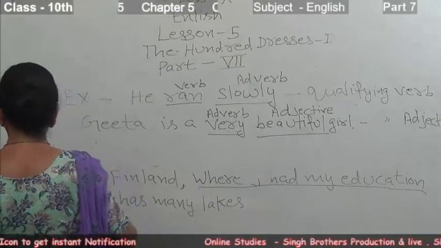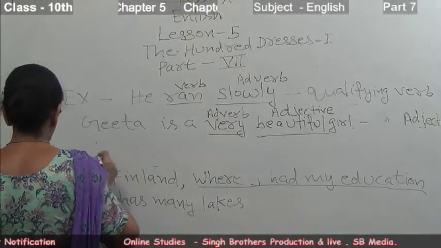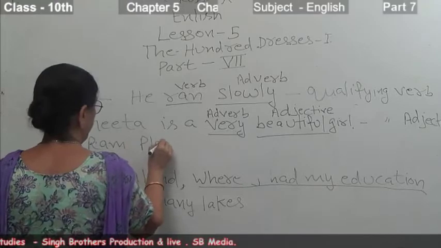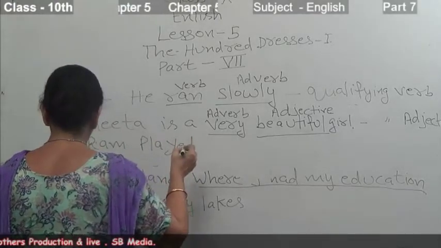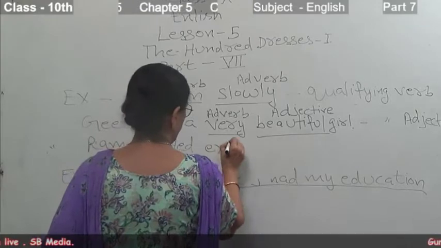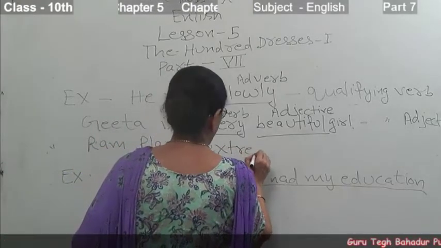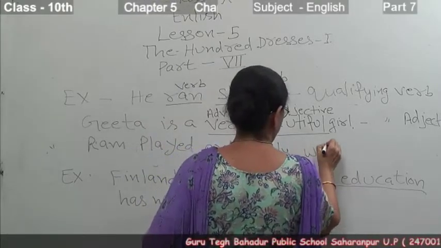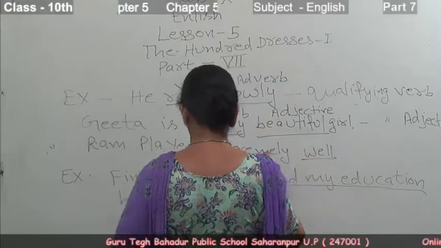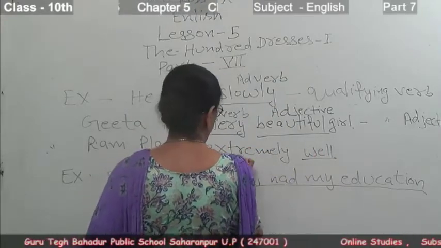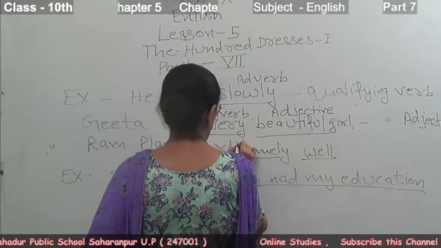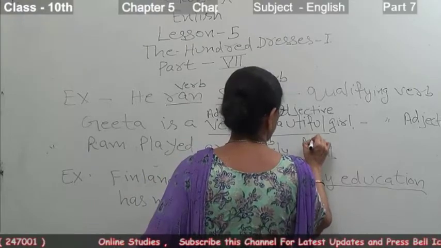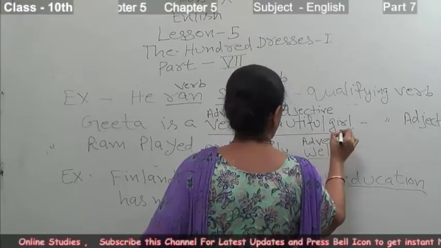Then sentence 3, "Ram played extremely well." Here, extremely is an adverb, well is an adverb.